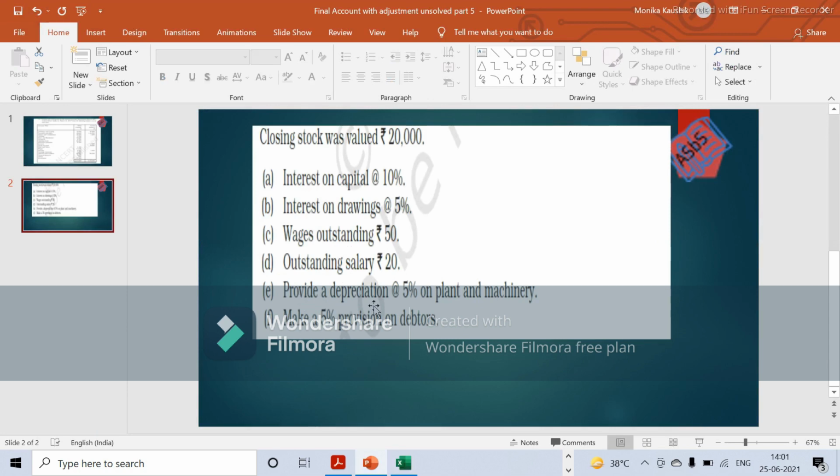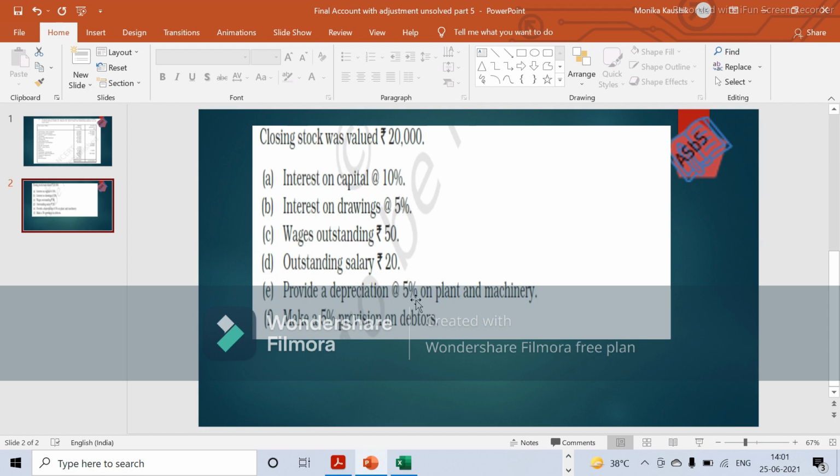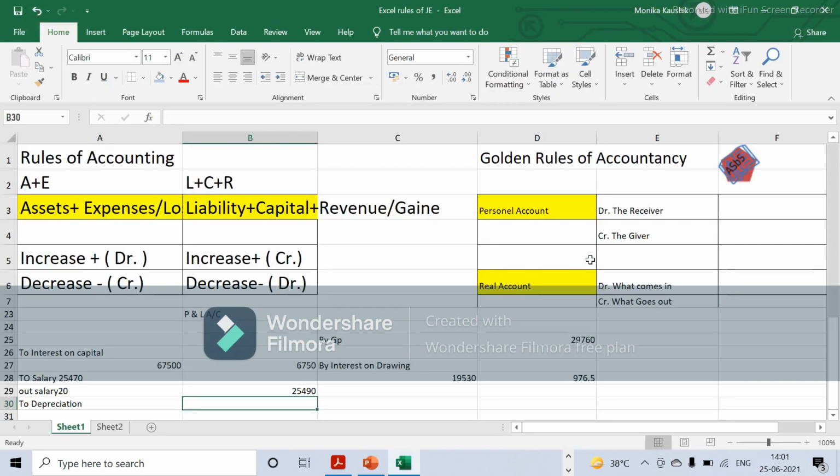Now the next one is provided depreciation of 5%. So depreciation is again an expense for the business. To depreciation, we always charge it on the fixed assets, tangible assets, 5%. Plant and machinery, so let's find out where is the plant and machinery. Plant and machinery amount is 27,000.